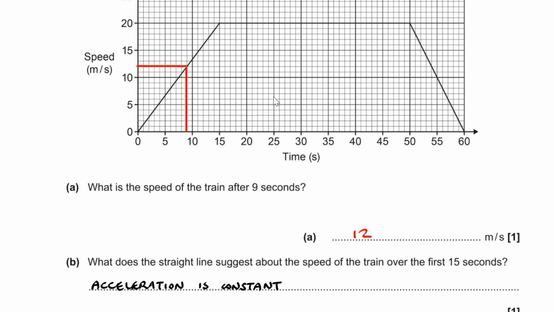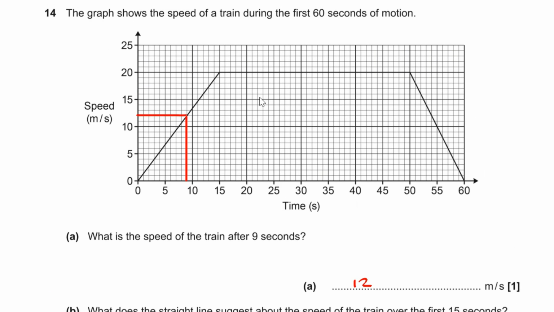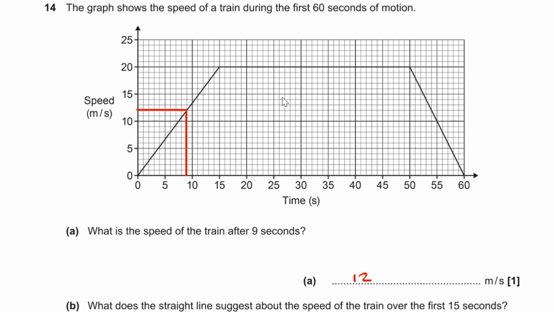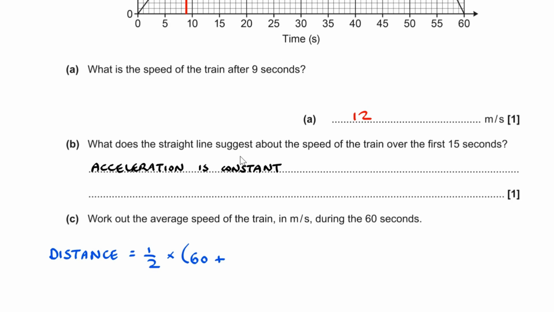So for the total distance, well, that's just the area of a trapezium. So we've got 1/2 times by the sum of the two parallel sides. Well, we've got 60. And then here we're going from 15 to 50, so that's a value of 35.